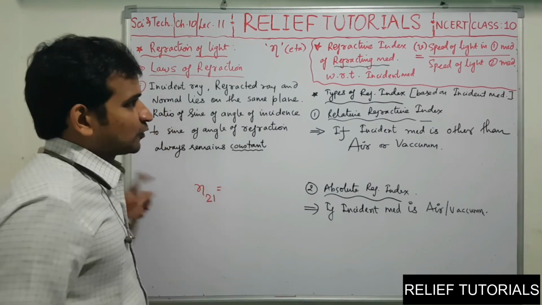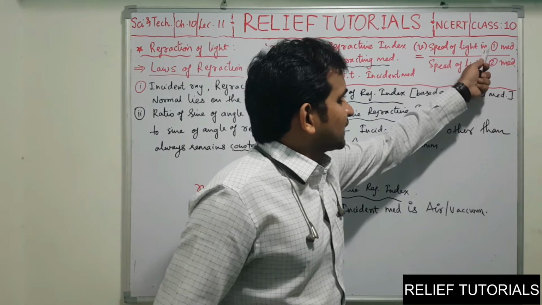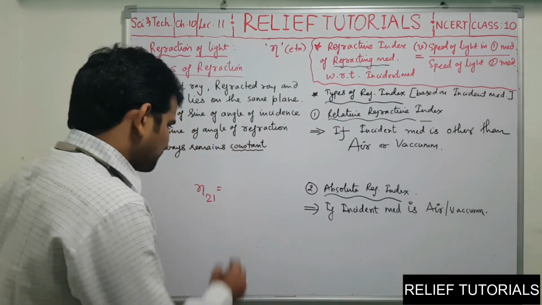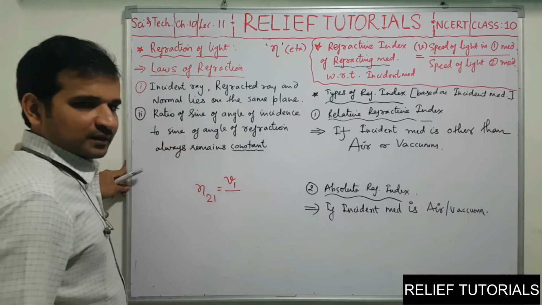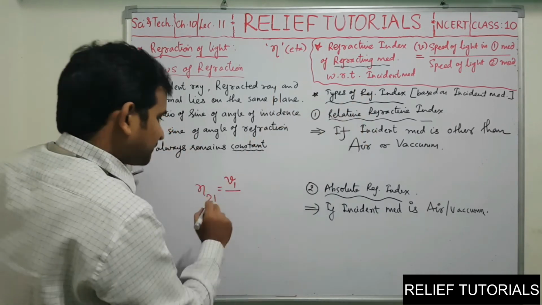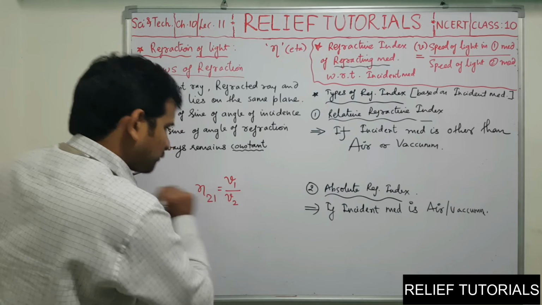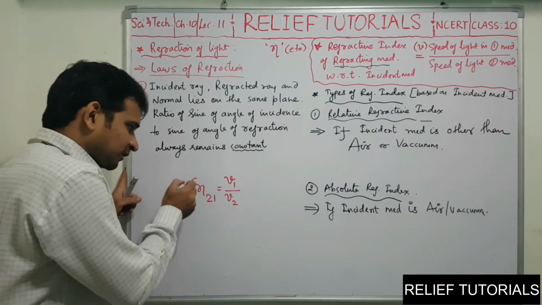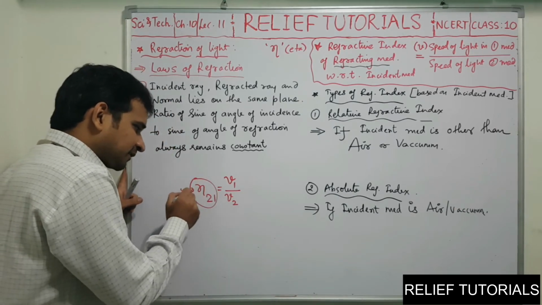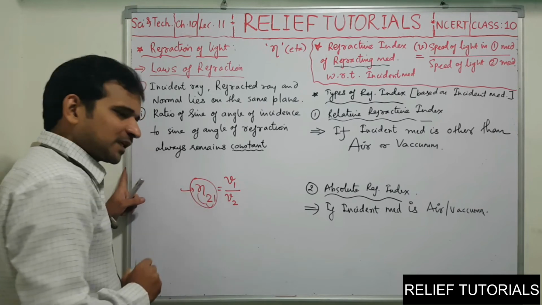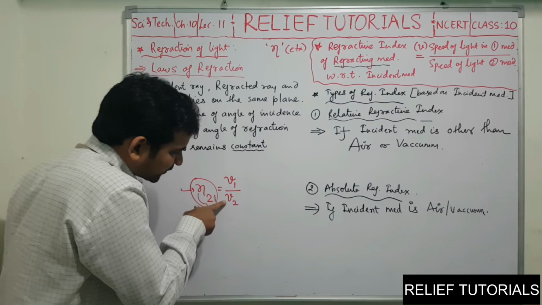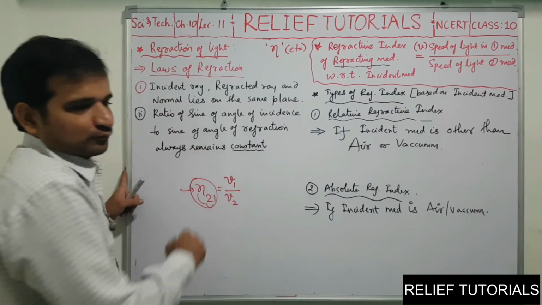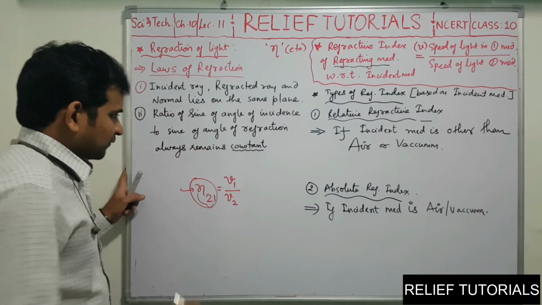That is equal to speed of light in medium number 1, v1, upon speed of light in medium number 2, v2. So the refractive index of medium 2 with respect to medium 1 is equal to speed of light in medium 1 upon speed of light in medium 2. So this is the symbolical form.